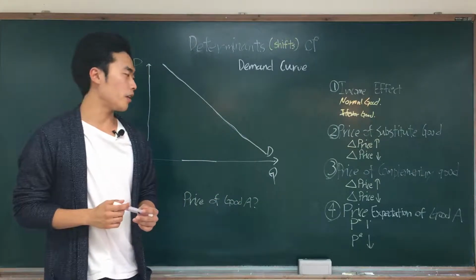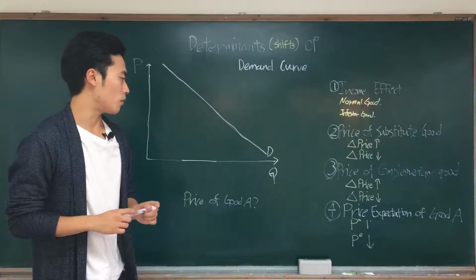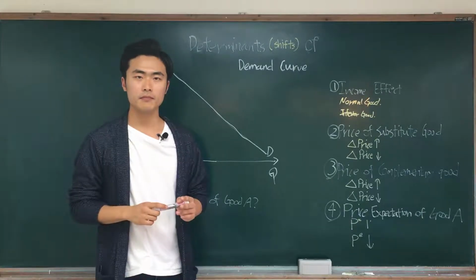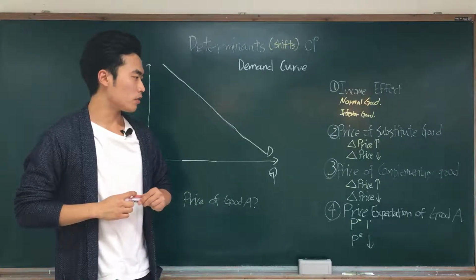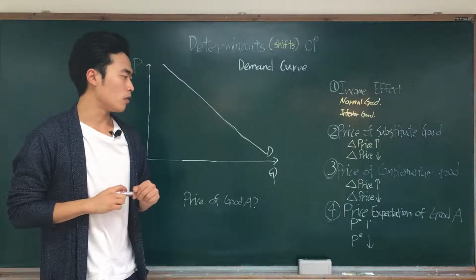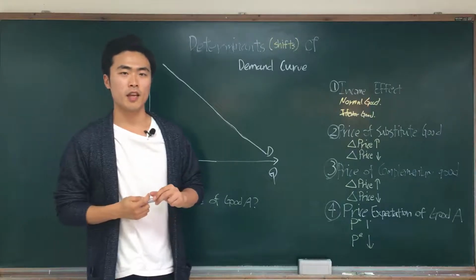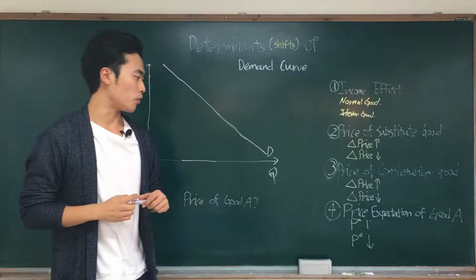The last factor is the price expectation of good A. This is quite tricky, but if you think about how people make investments and buy stocks, this is more straightforward.